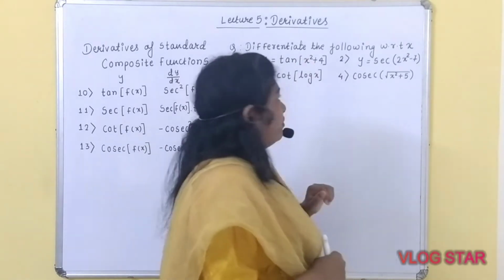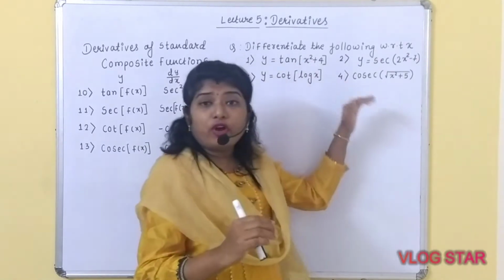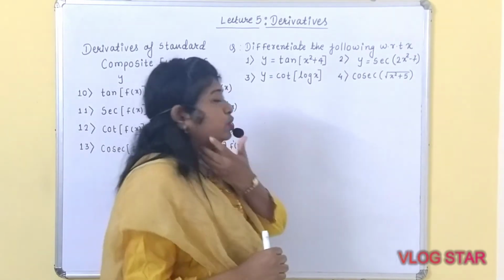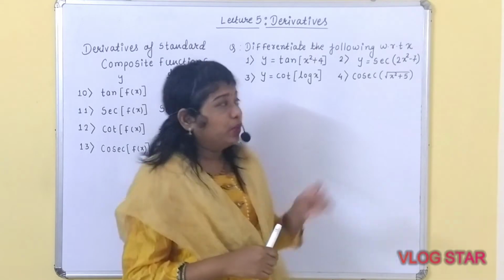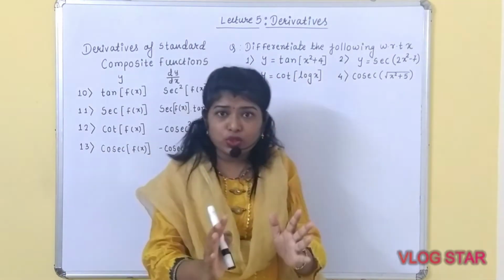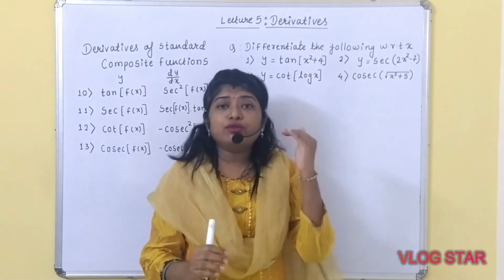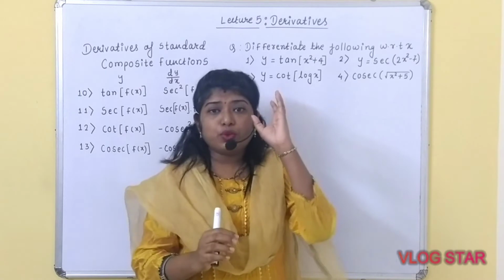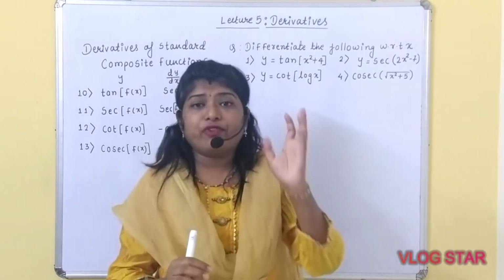We need to differentiate the following function with respect to x. Let's begin with the first solution. y equals tan of x square plus 4 is given. As I told you, whenever you solve a problem based on derivatives, first you need to identify what is f of x.